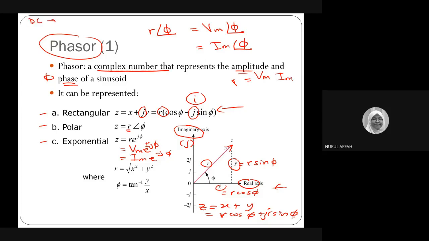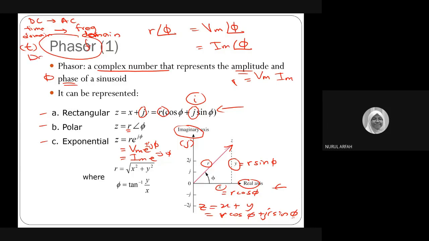But the thing that you need to know is, if you convert from DC to AC, or from the time domain to the frequency domain, you actually change from the time domain to the frequency domain, right?